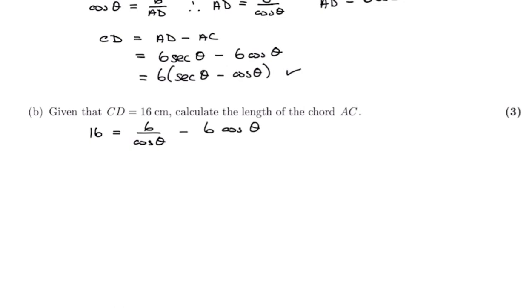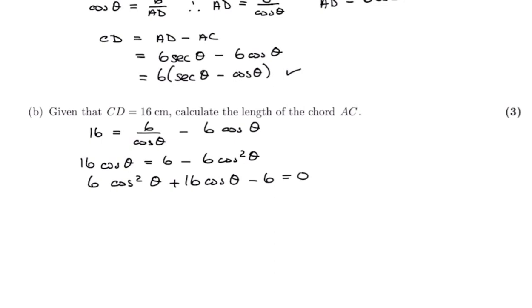If we cross multiply, we get 16 cos theta equals 6 minus 6 cos squared theta. Rearrange to get a quadratic: 6 cos squared theta plus 16 cos theta minus 6 equals 0. And use our calculator to solve that quadratic.